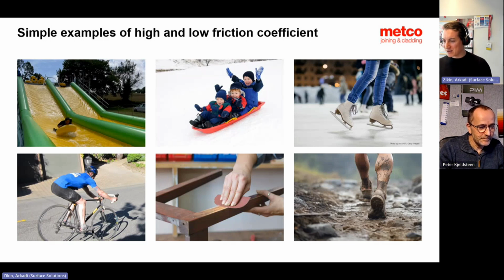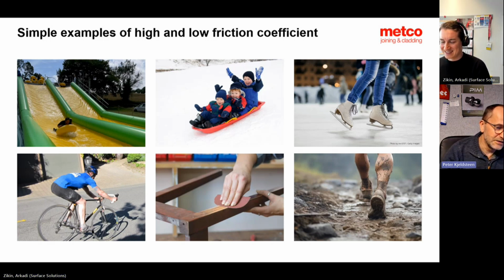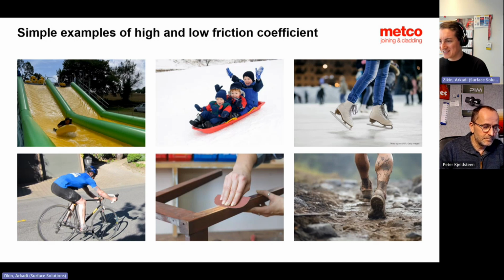Maybe you can help me and tell me if it's a low or high friction coefficient we see on the pictures. Let's start from the upper left one. What do you see here? I see a water slide, and here the friction is low. Correct. So the second one? It's a sledge, and it's the same.